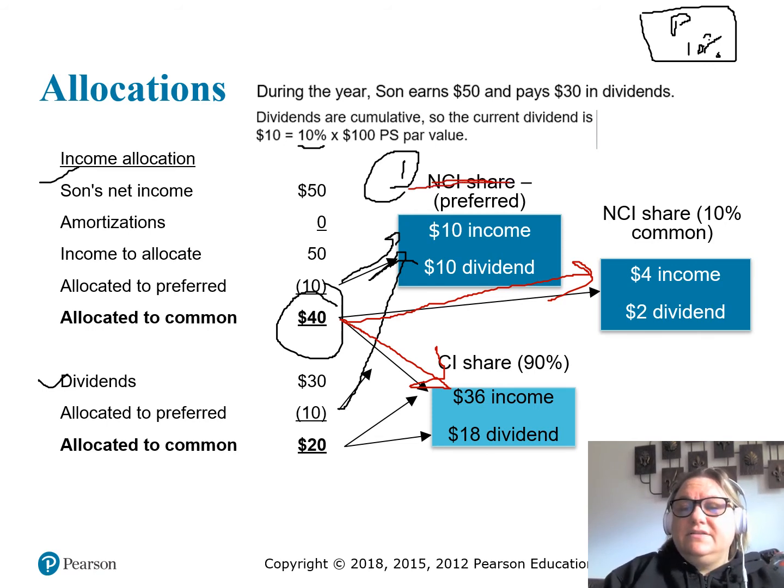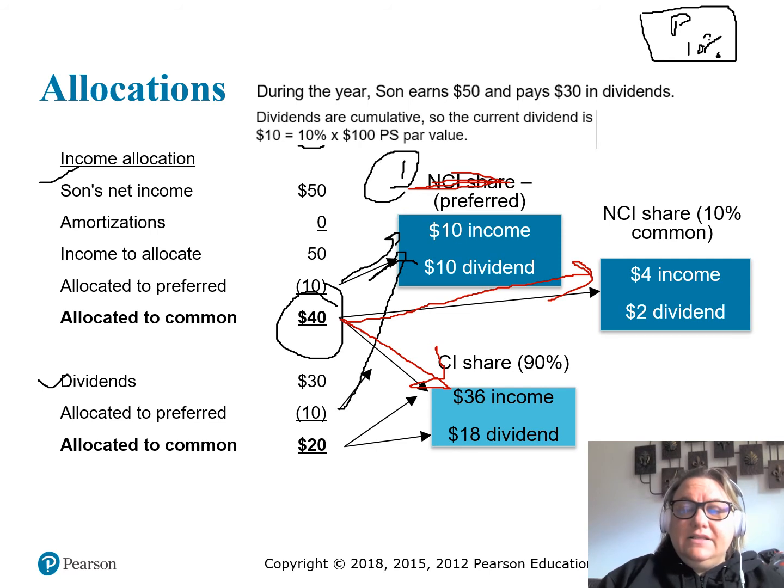Just get rid of that. That's confusing. It's preferred, whatever. They try to say it's a non-controlling. Yeah, it is a non-controlling interest, but just don't do that. It'll confuse you. So just scrape that part out on your notes. Just call it preferred. All right, so they break out between NCI and controlling interest share, and then everybody gets their portion of the income.